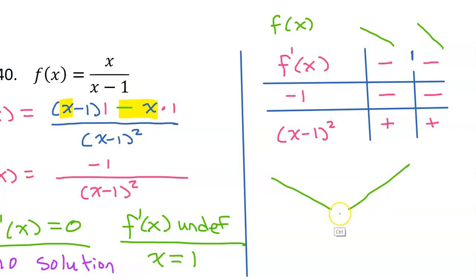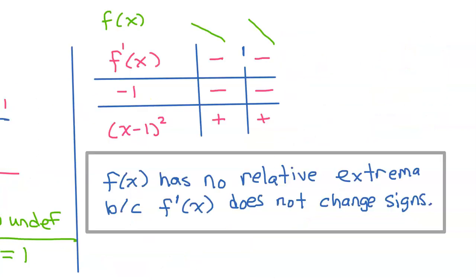Then we'd have a min. Or if it was increasing and then decreasing, then we'd have a max. But if it's decreasing and decreasing, if f prime is negative and negative, then there is no relative max or min. We can say f of x has no relative extrema because f prime does not change signs.